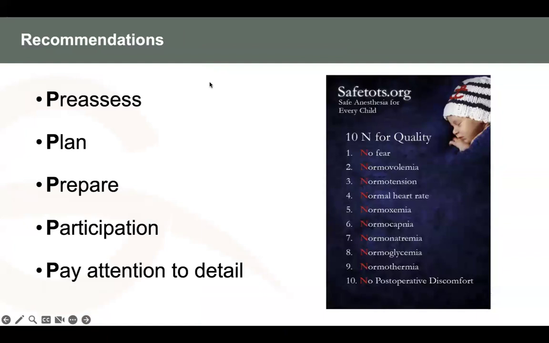And as a general recommendation for all, pre-assess, like we do pre-operative evaluation, plan according to the patient, and prepare yourself depending on the case or the patient.